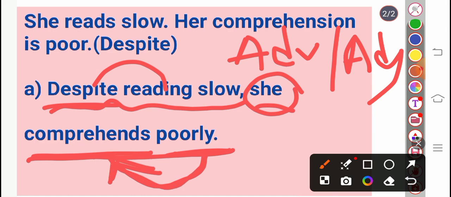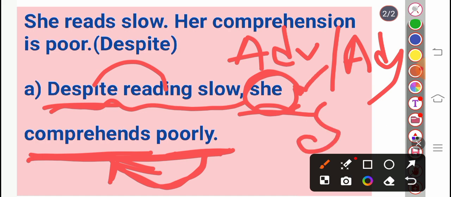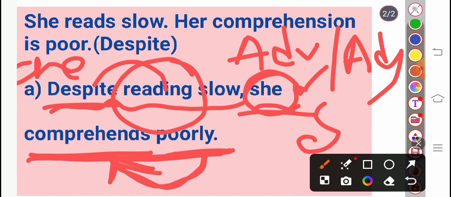Here you can see she is the subject of the principal clause. She comprehends poorly. She is the subject here, and this she is the subject reference of this verbal noun reading. So actually, at first she is the subject of this term reading, but we should not write down the term she here.